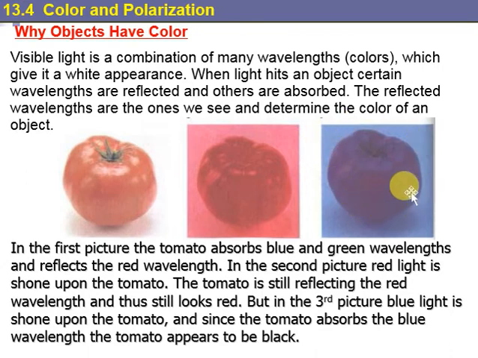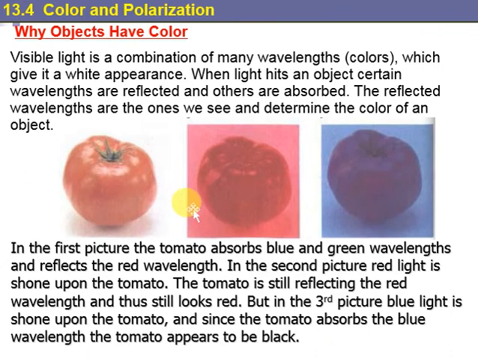So the tomato will absorb this blue light and reflect nothing because there is no red light to be reflected. So we see it here like black because it's not reflecting red light into our eyes.